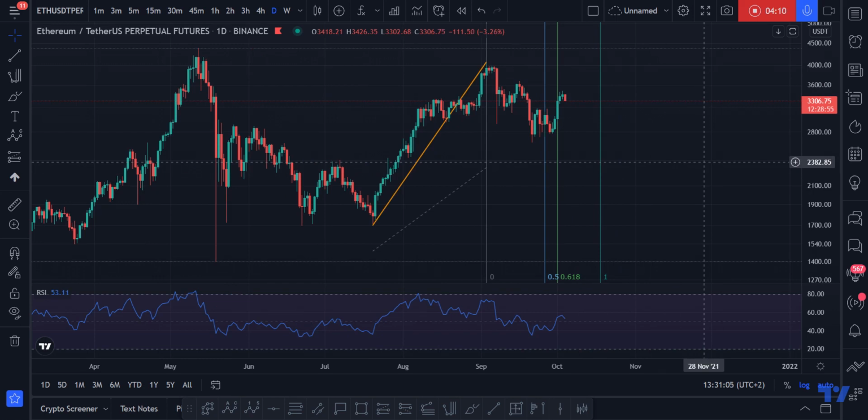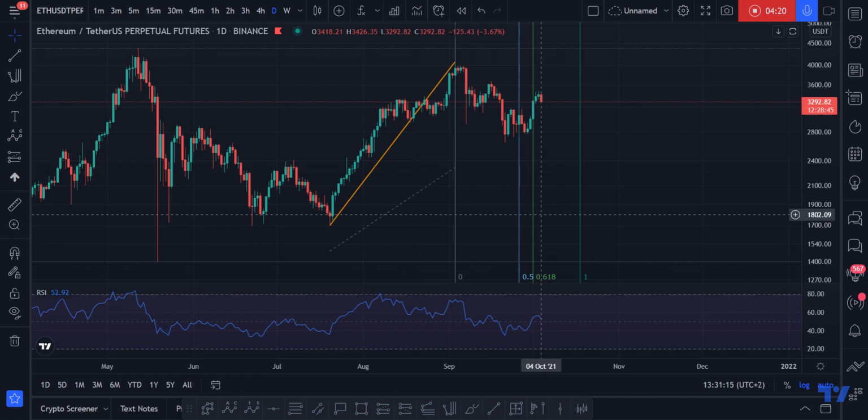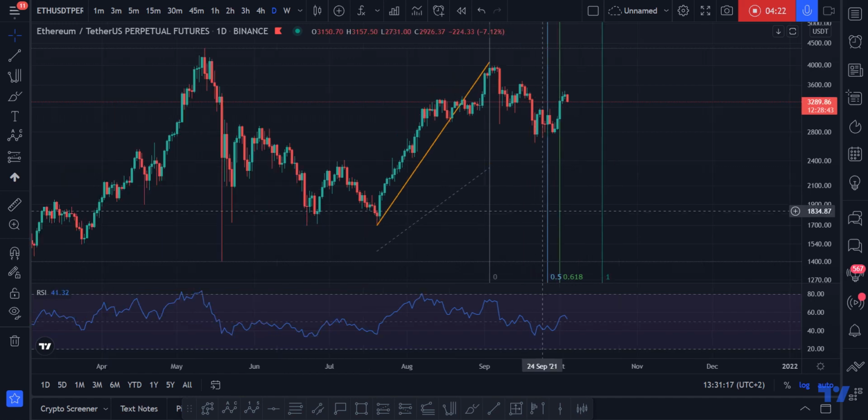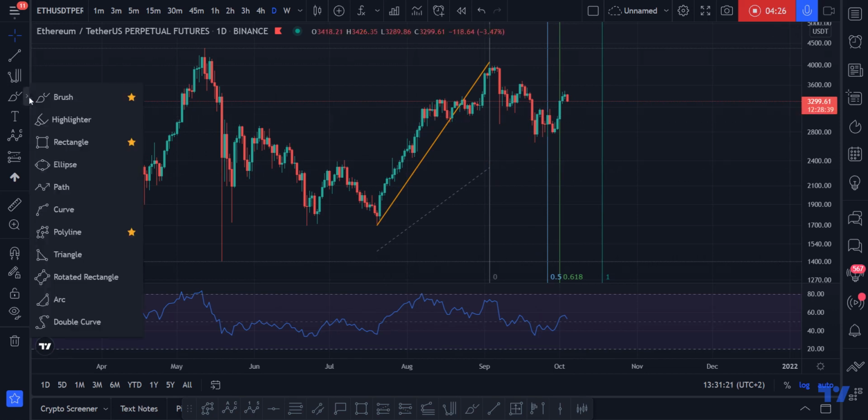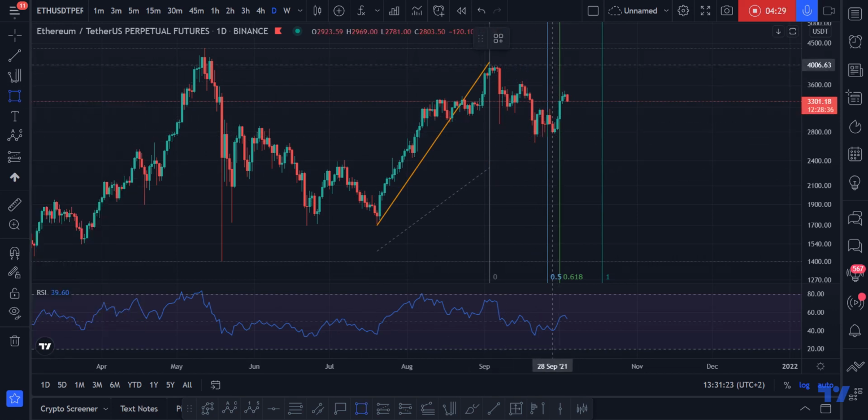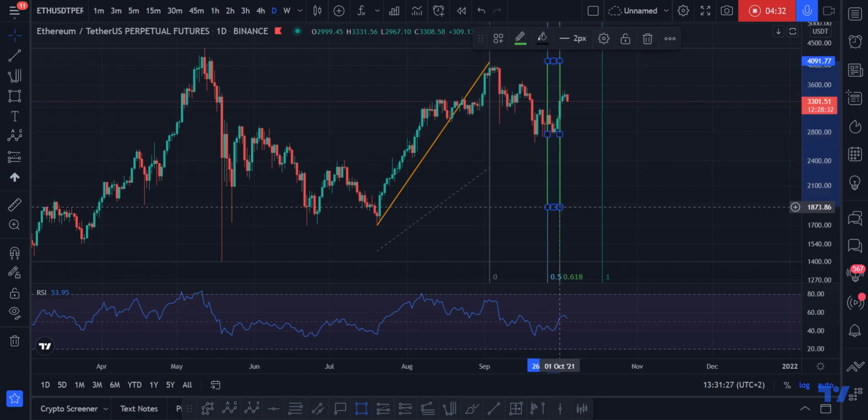The most common relationship to the impulse wave is 0.5 to 0.618. I am using 0.618 as the most common, but this is the zone we can use. This is what's happening more often. This zone is happening more often.